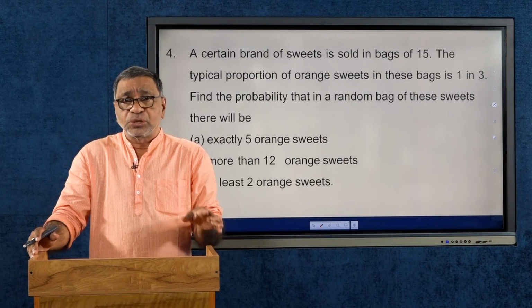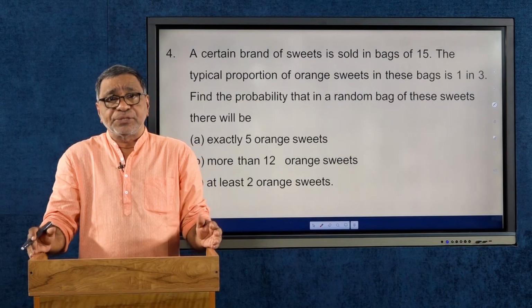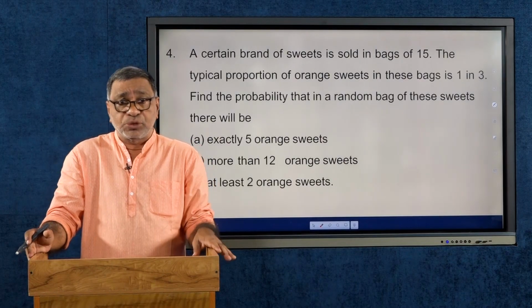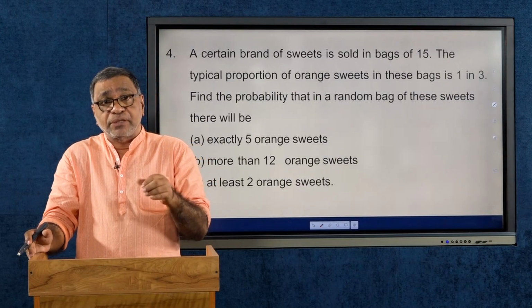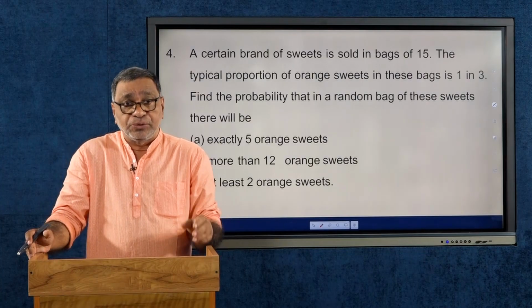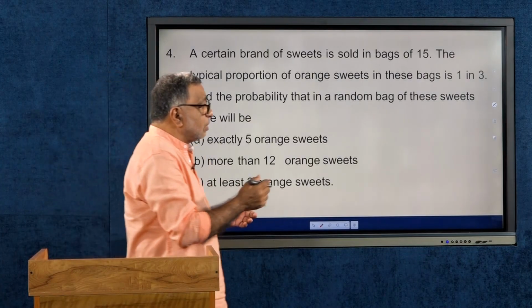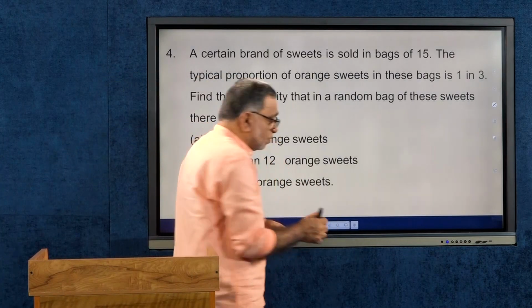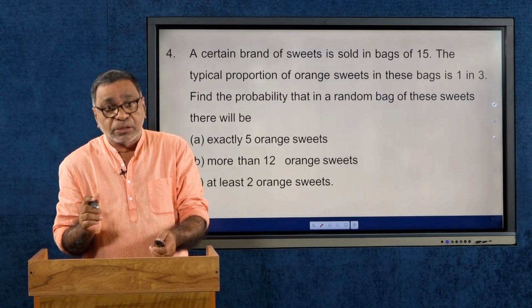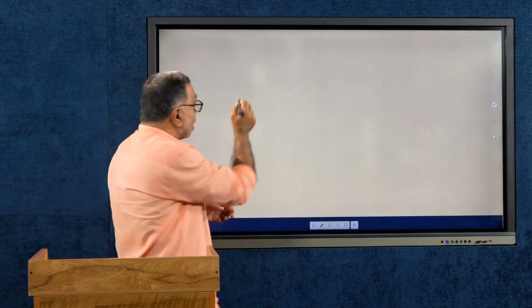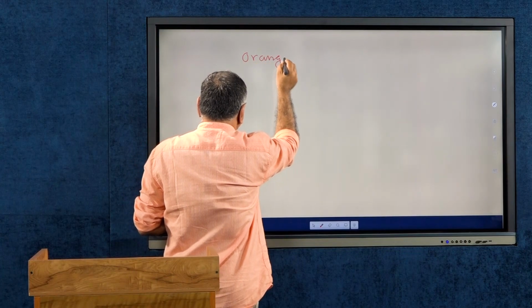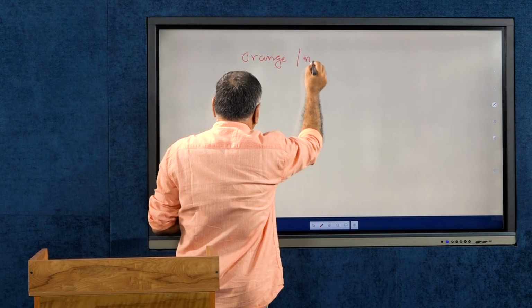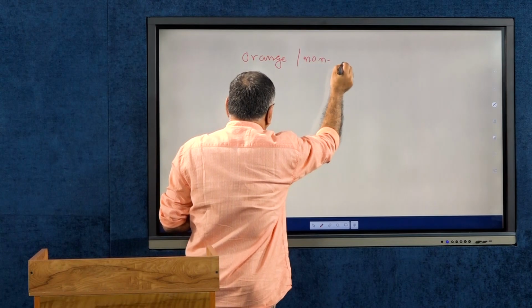Why? Because we have a bag consisting of 15 items, and the proportion of a certain attribute, that is orange seeds, is given to you. So we have two situations: either orange or non-orange seeds.